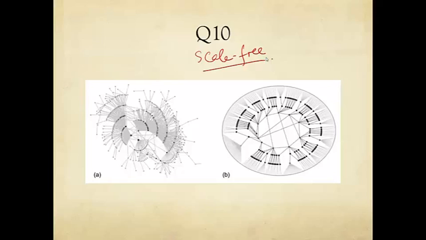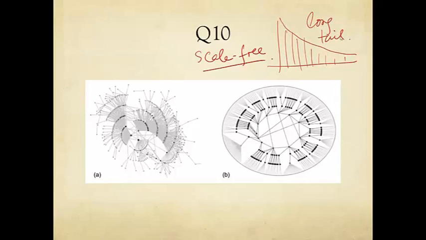Now, what is scale-free? Roughly speaking, it says that if you look at the degrees of all the nodes in a network and you tally that into a histogram, you will see what's called a long tail distribution, which is very different behavior than a typical, say, Gaussian or normal distribution.